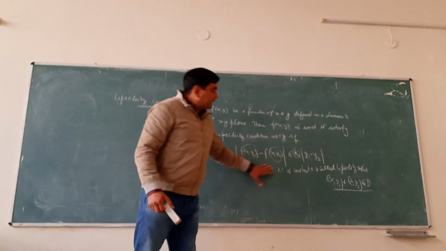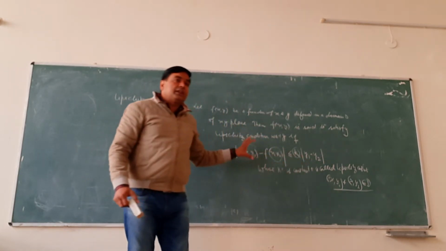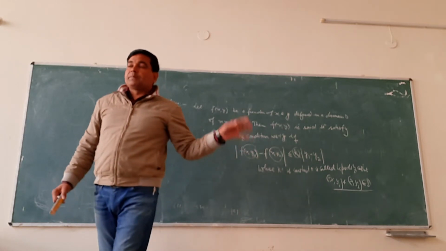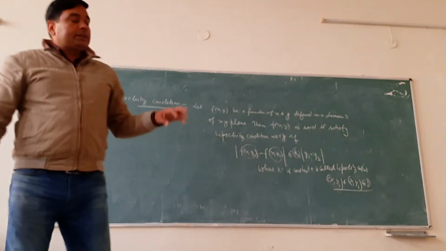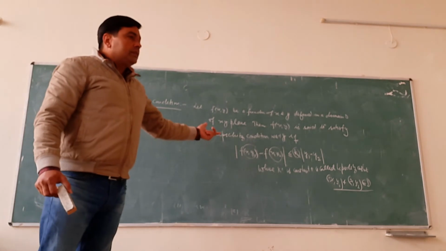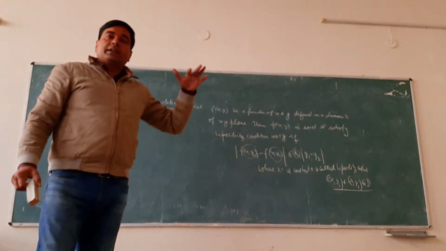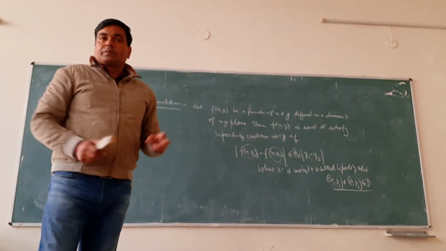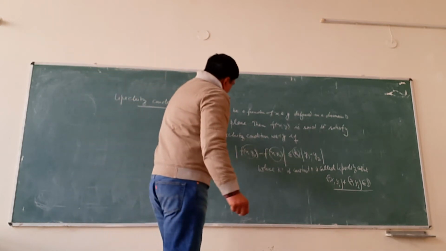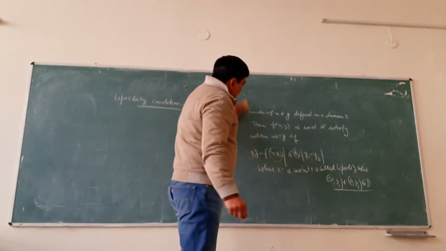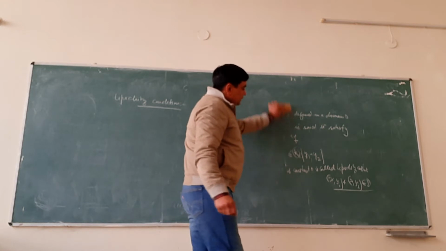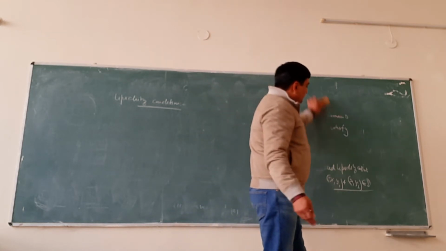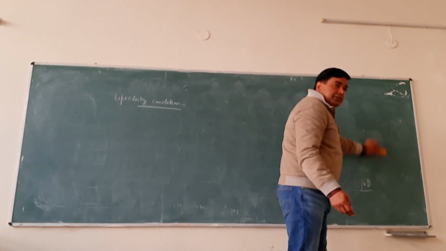If any function satisfies this inequality, we say that the function satisfies Lipschitz condition. Or if it doesn't satisfy the condition, we say that the function is not satisfying Lipschitz condition. It means that there may be some functions which don't satisfy Lipschitz condition.